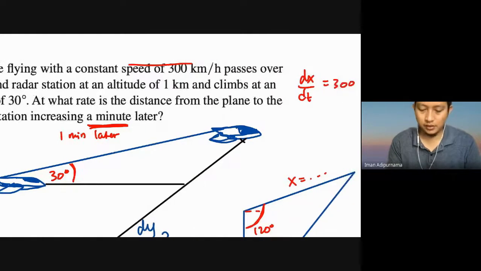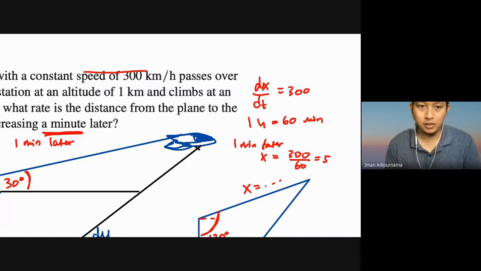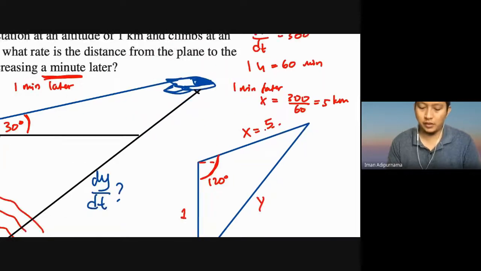We know that 1 hour is 60 minutes. So 1 minute later, x will be 300 divided by 60. This will be 5 kilometers. X will be 5. And how about y?